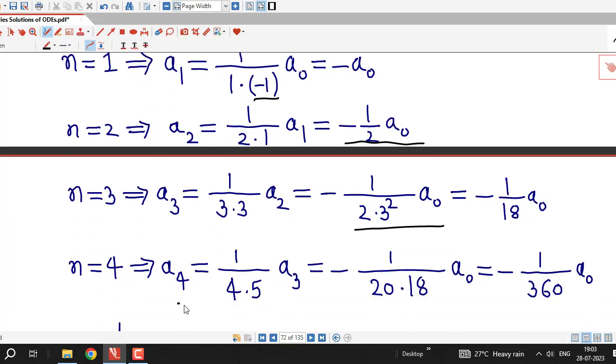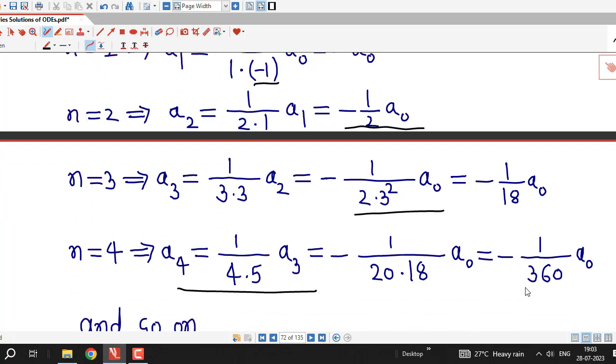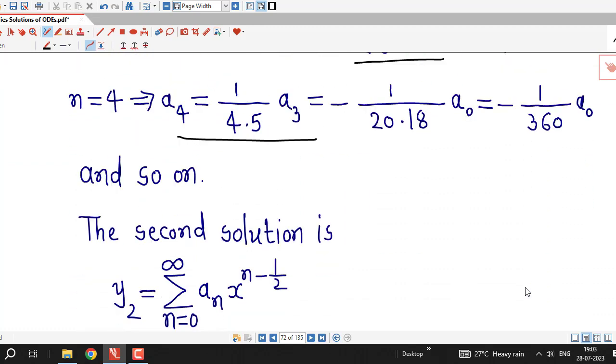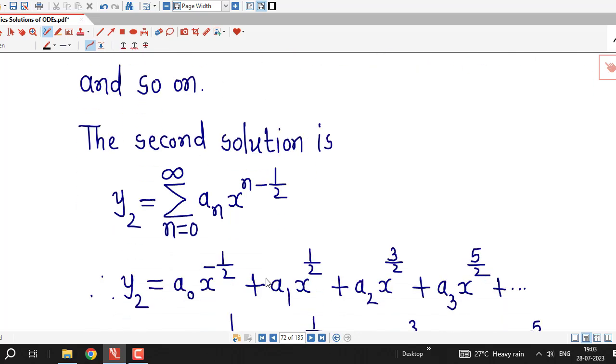For n equal to 4 also I have calculated, and finally our second solution is Σ a_n x^(n+r), r is −1/2, and I have written a few of the terms of this series. For n equal to 0 I have a0 x^(−1/2) plus a1 x^(1/2) for n equal to 1.